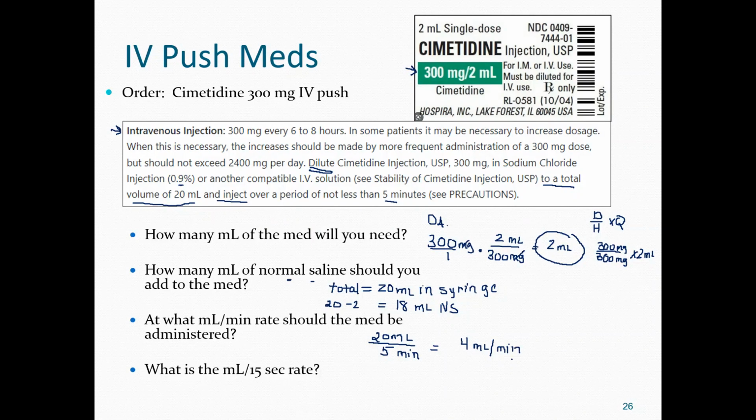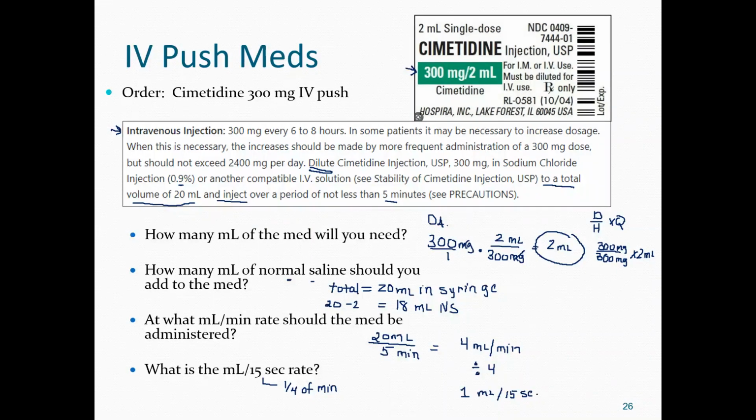And then in order to push this, we are to figure out the milliliters per 15 seconds. We know that 15 seconds is 1/4 of a minute. And so we can take the rate that we just calculated and divide that by 4, because we want 1/4 of it. And so 4 divided by 4 is 1. So that gives us 1 milliliter every 15 seconds.